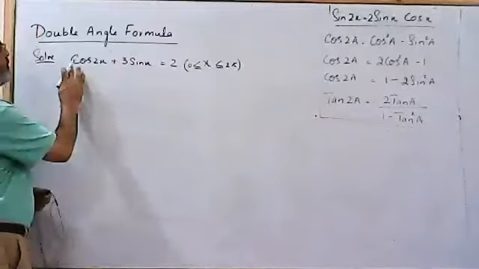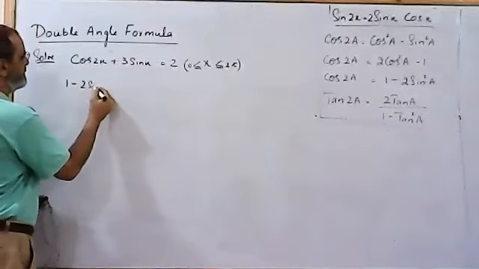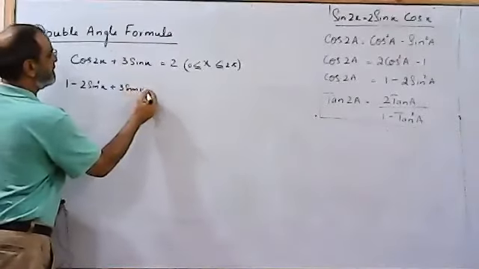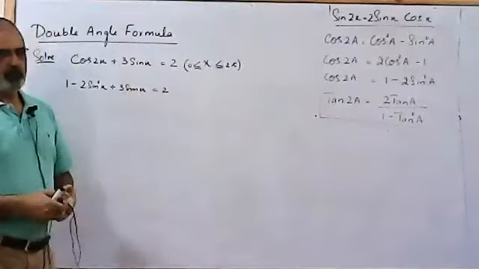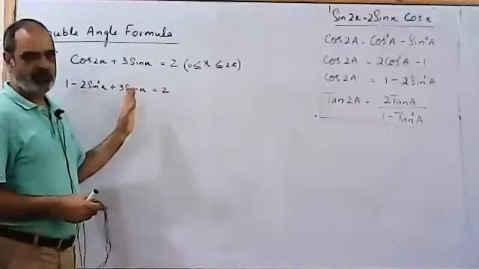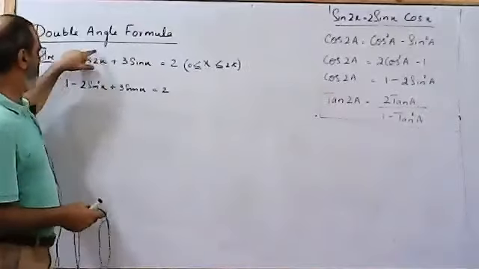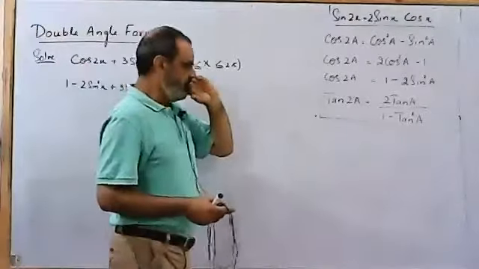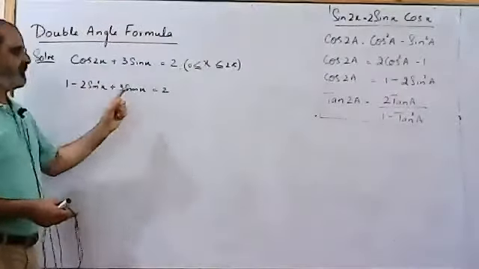So I'm replacing cos 2x by 1 minus 2 sine square x. We need to have the same trigonometric ratios, and secondly the same angle as well. So 2x is changed into x, and cos is replaced by the third identity, so that I have sines everywhere.